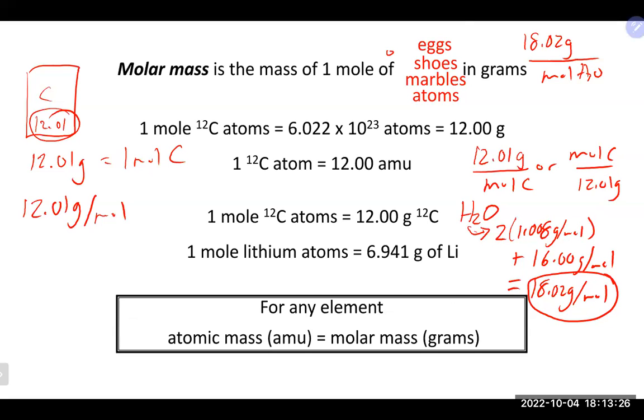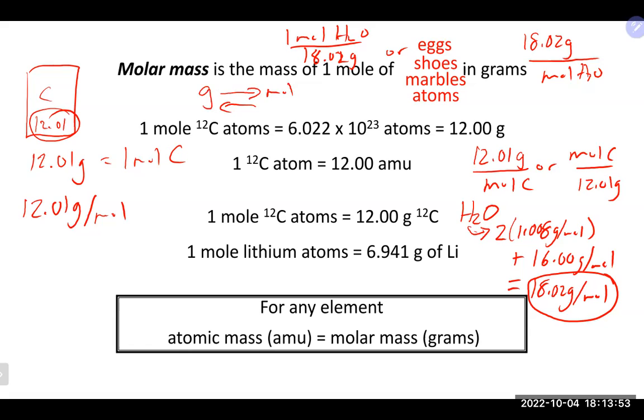Or you can flip it around and do 1 mole of water, 18.02 grams. So molar mass is really nothing more than a conversion factor, and it is the main conversion factor we use a lot in chemistry to go from grams to moles, or moles back to grams.